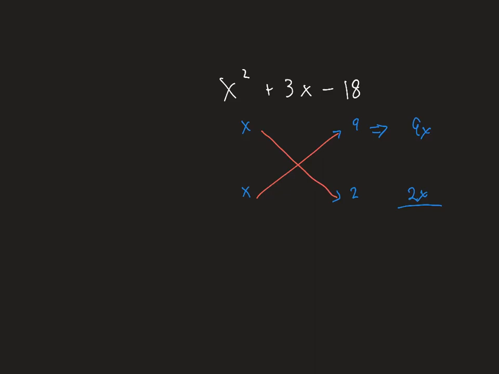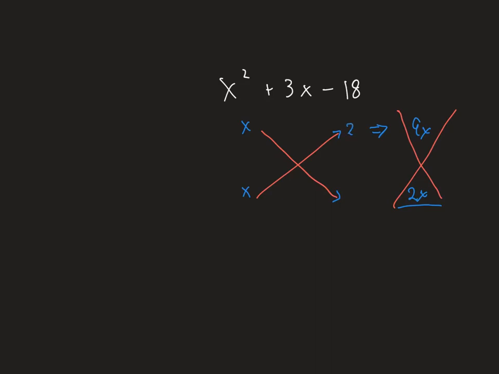Well, is there any way that 9x and 2x is going to give me 3x? No. There's no actual way. So this doesn't work. So you'd have to try again. You'd have to erase these numbers. Maybe they're in the wrong position. Let's go with putting them in opposite positions.